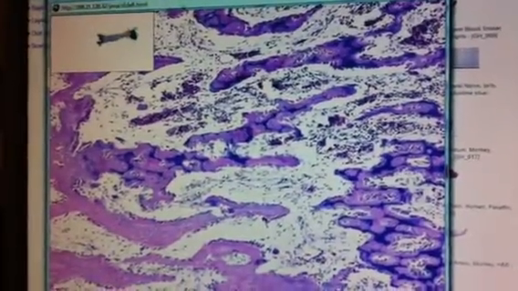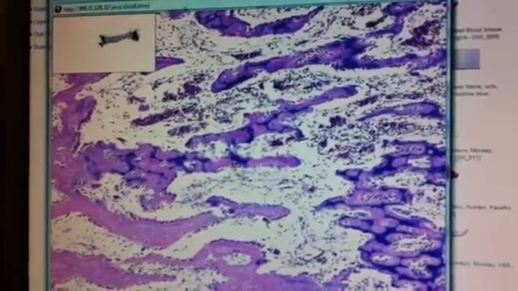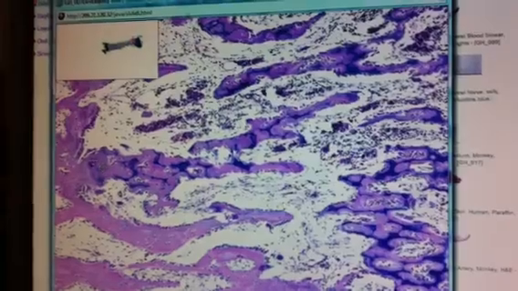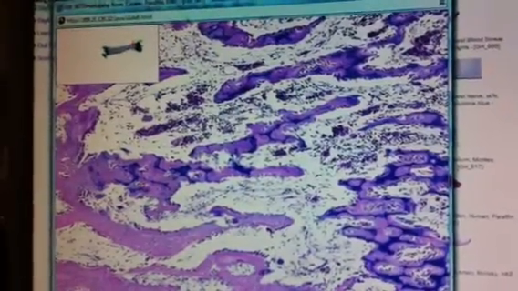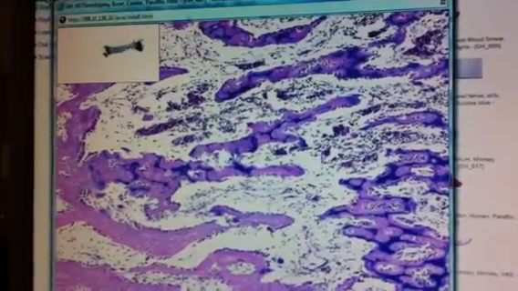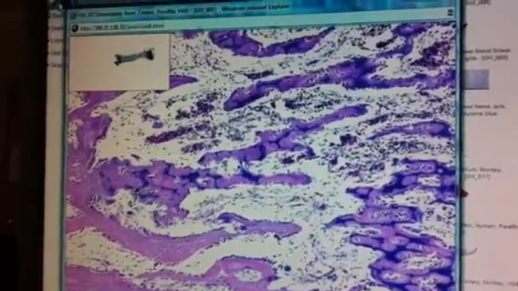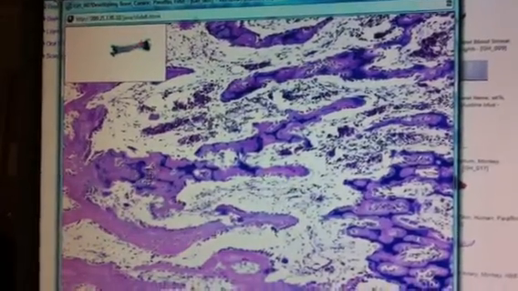We get up to this region here, and I say name this tissue, be specific. This is going to be woven bone. And the reason we know it's woven bone is, first of all, because you can see lots and lots of osteocytes here. It's up against calcified cartilage, which is a classic feature that we see of woven bone, especially at the endochondral growth plates.